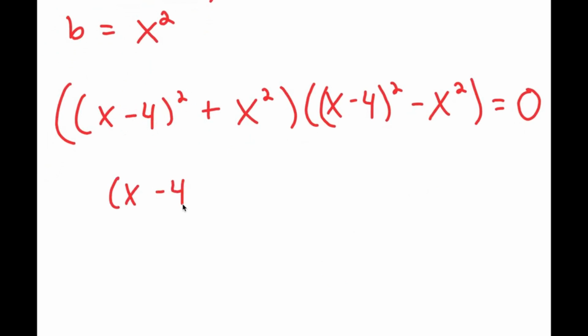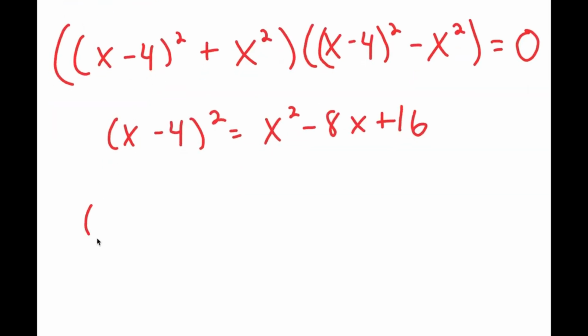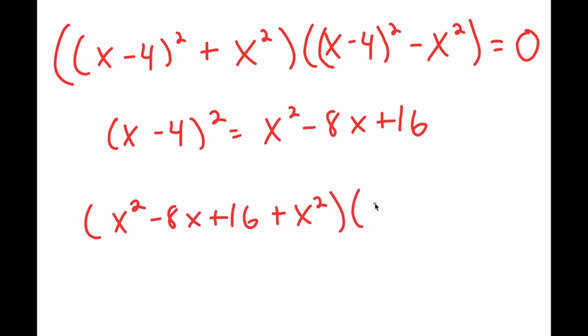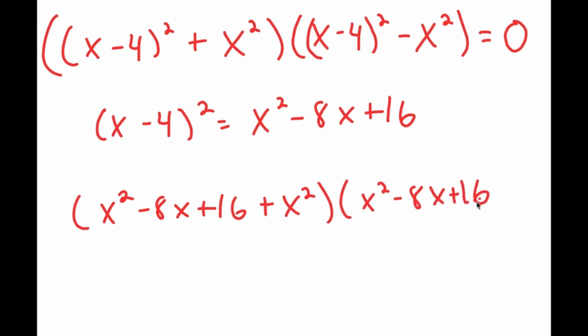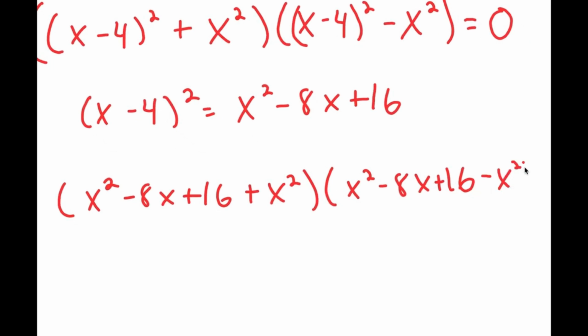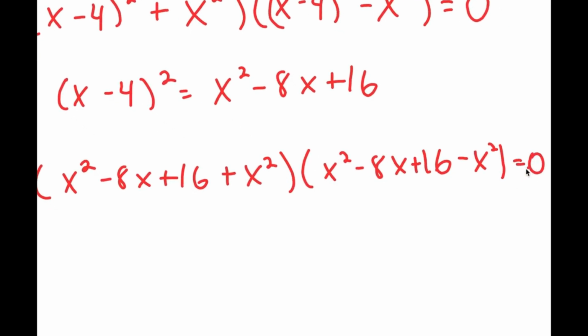So (x minus 4) squared is equal to x squared minus 8x plus 16. So over here, I get (x squared minus 8x plus 16 plus x squared) times (x squared minus 8x plus 16 minus x squared) is equal to 0.